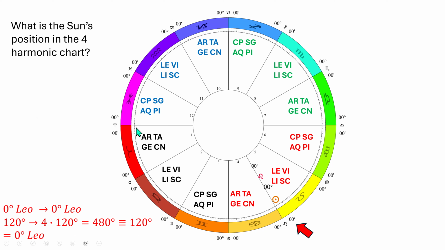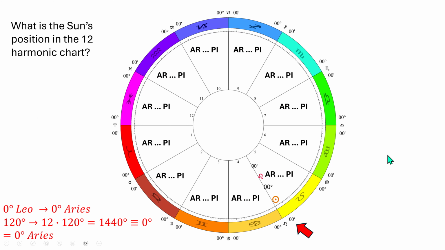If you start at Aries, you can go all the way around 360 degrees, and then plus another 120 degrees takes you to 480 degrees, but that is equivalent to 120 degrees, and the longitudes that we use for our zodiac always have an angle between 0 and 360 degrees.